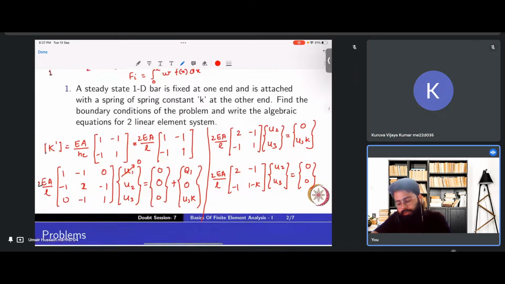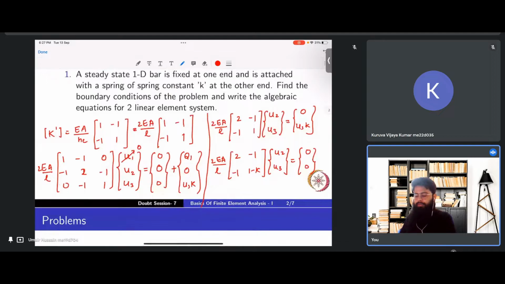So can someone answer what should be the final solution of this problem? Do we have any volunteer to answer?